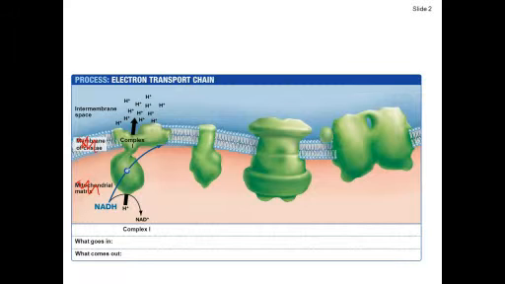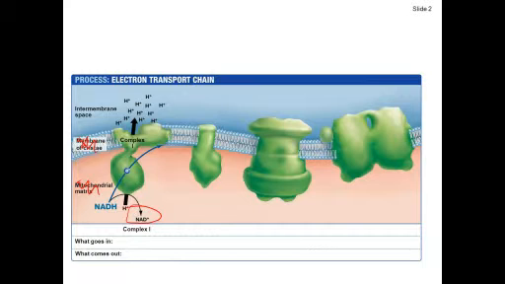Now, this complex is a component of the electron transport chain, which is a chain of membrane proteins. NADH gives up its electron to the complex. When it does this, NADH is oxidized to NAD+, and the protein complex is itself reduced.